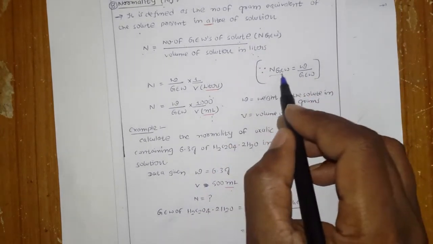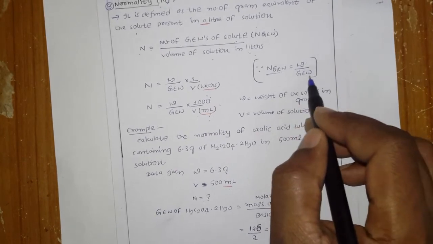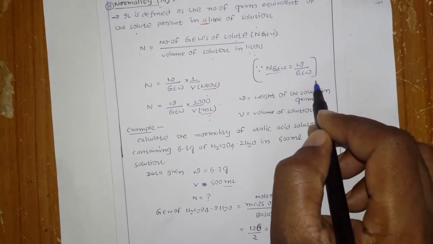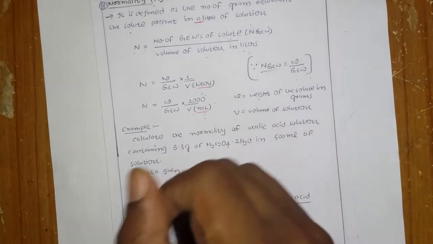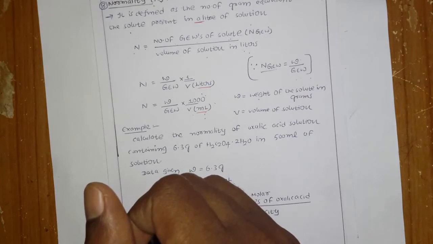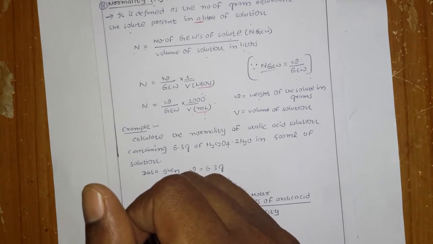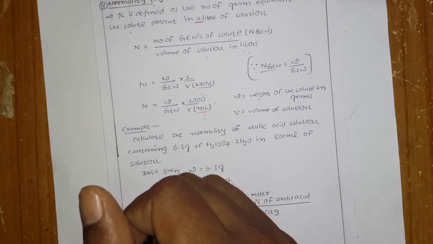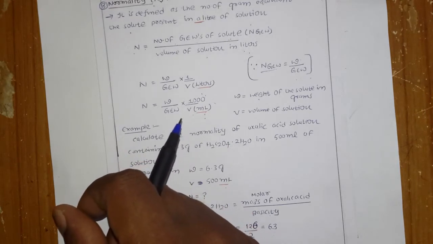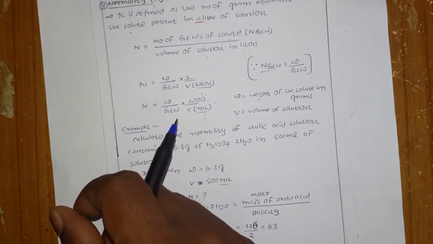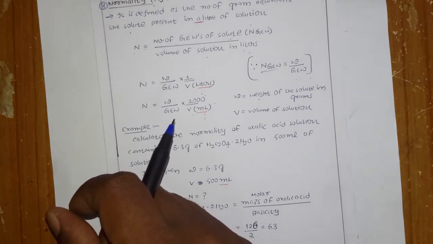Okay, so what is the number of gram equivalents? It is equal to mass divided by gram equivalent weight. Weight, we know, is mass by molar mass. Again, what is gram equivalent weight? You learned equivalent weight in stoichiometry. We calculated equivalent weight for some metals, acids and bases, for oxidizing and reducing agents, and for some ions.